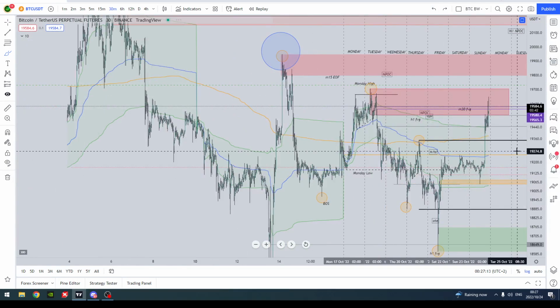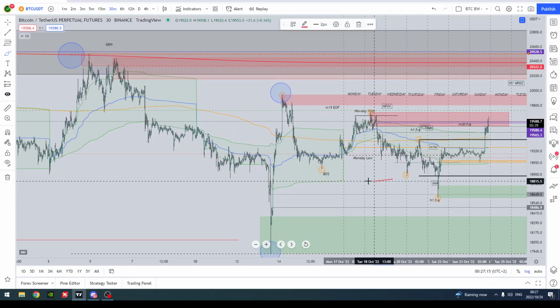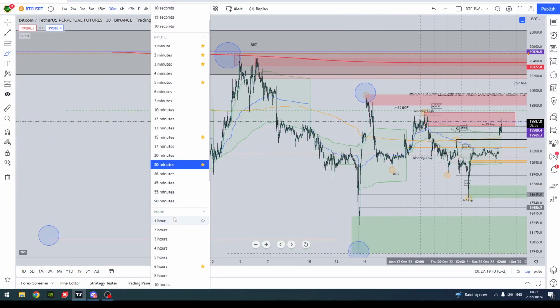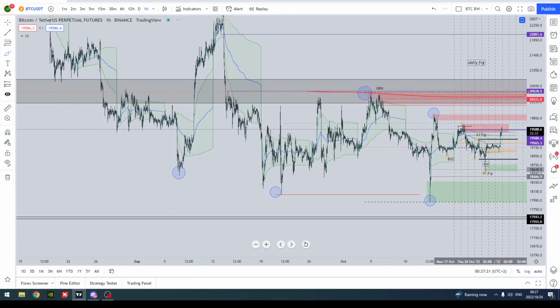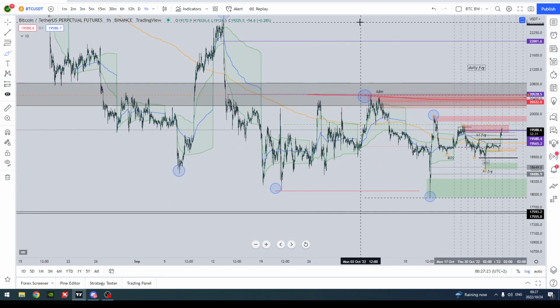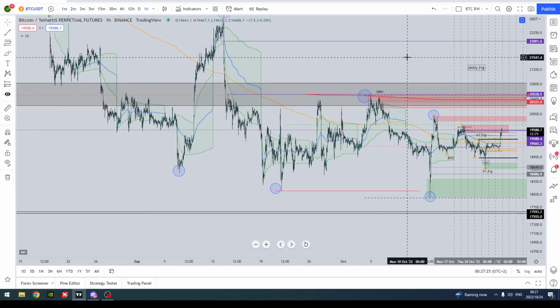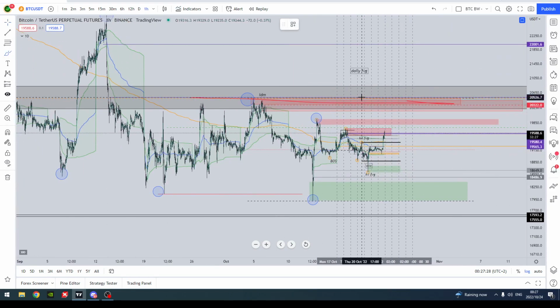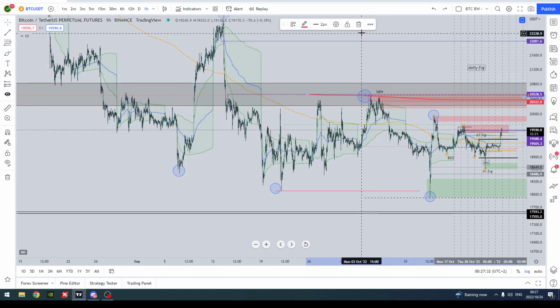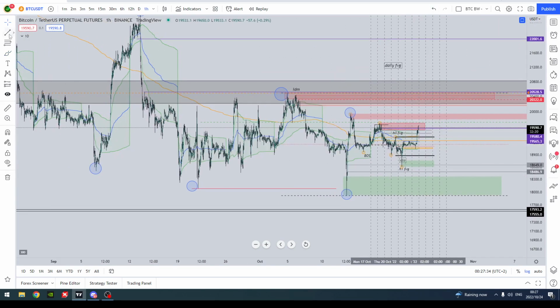The only other scenario I can think of, if this gets a bit more bullish, and I'll end it there, is if we start to head up higher to this level at 20.4.